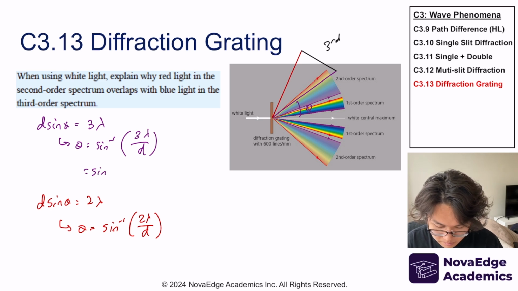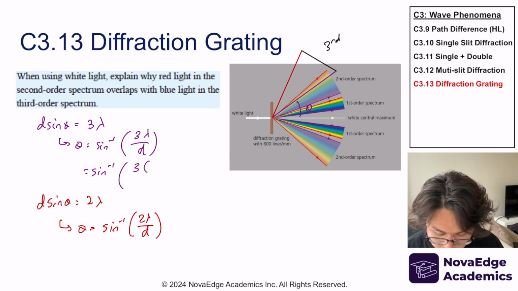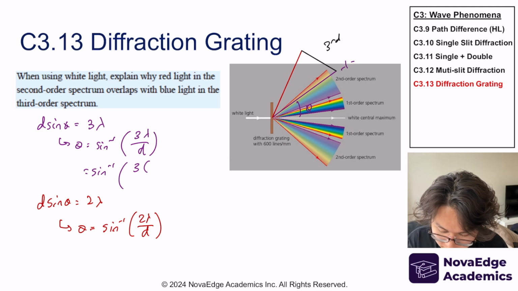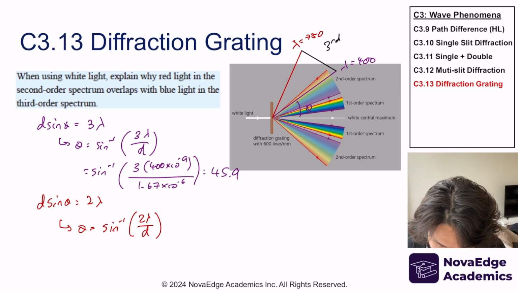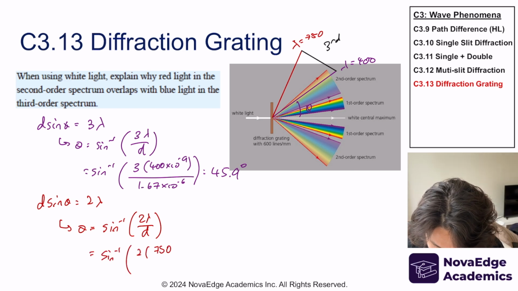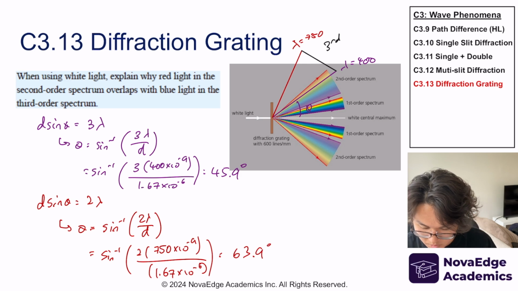I'm going to use a value from the previous question, 600 rulings per millimeter. So for lambda, I'm going to set violet as 400 and red as 750. Okay, so this is what I get.